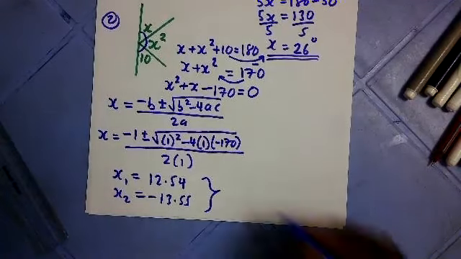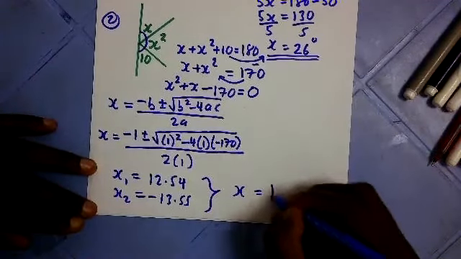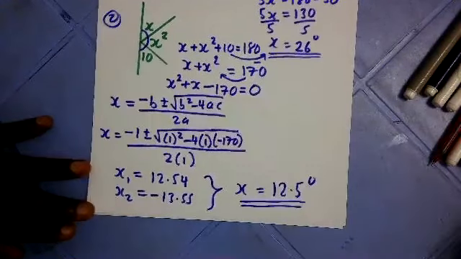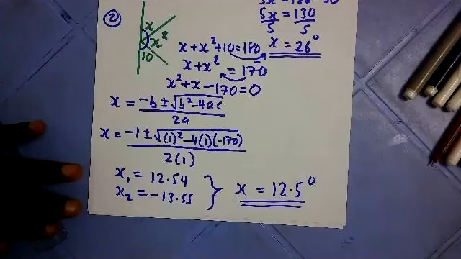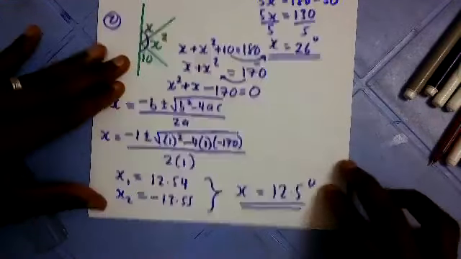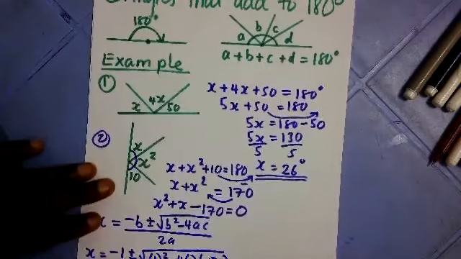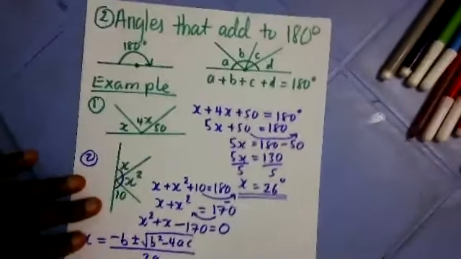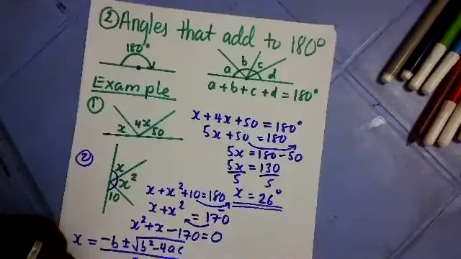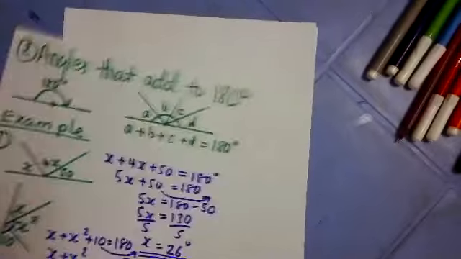Straight away, I will say my final answer will be 12.5 degrees. Why? Because I'm looking for an angle and I need to take a positive angle only. So this is how we deal with angles that add up to 180 degrees. Now, let's go to the third angle property, and that is angles that add up to 360.